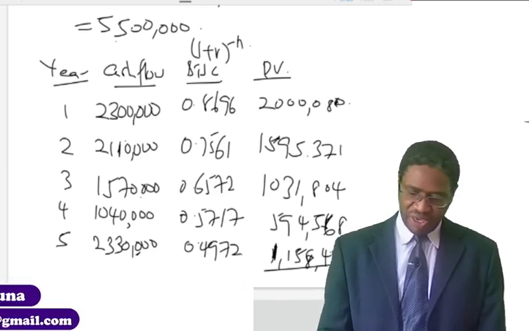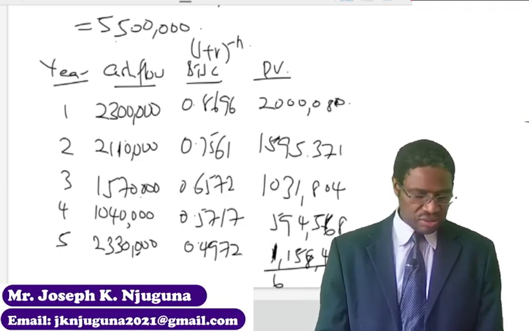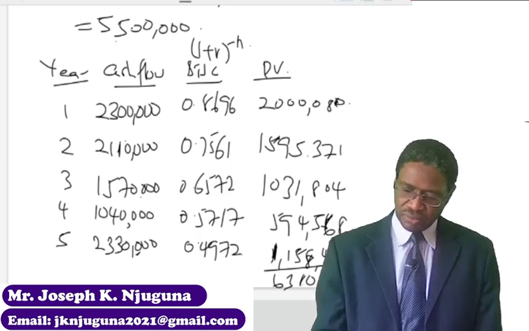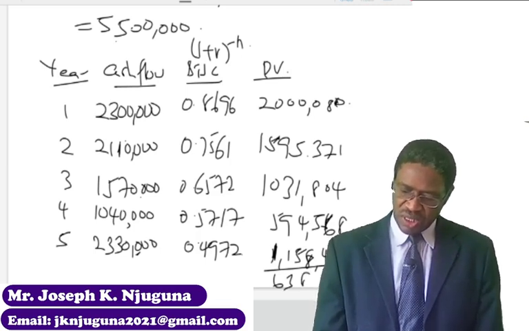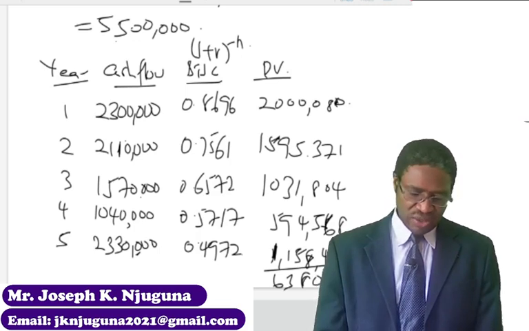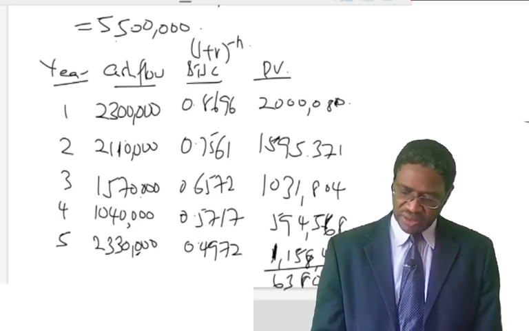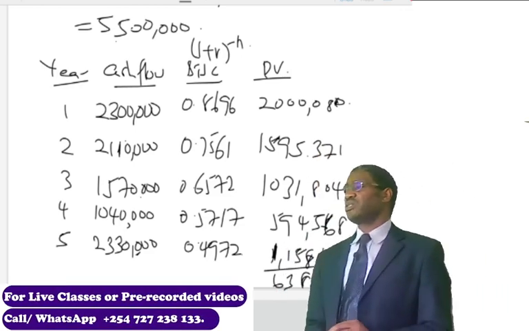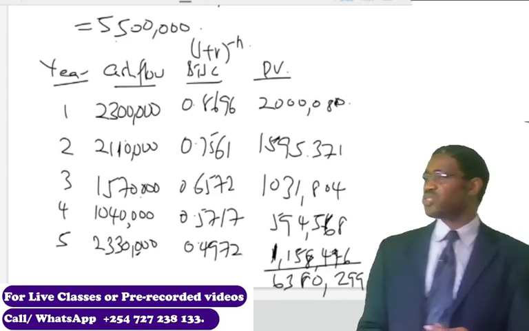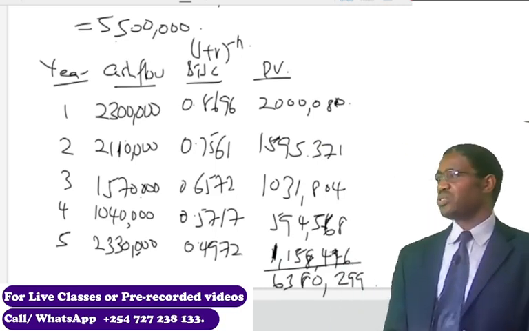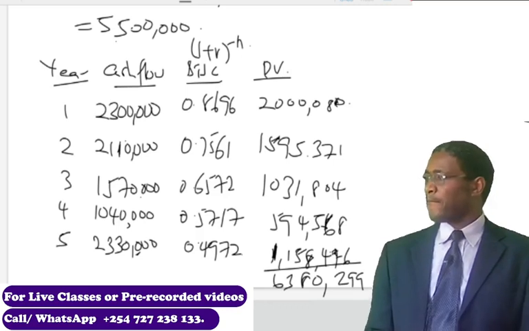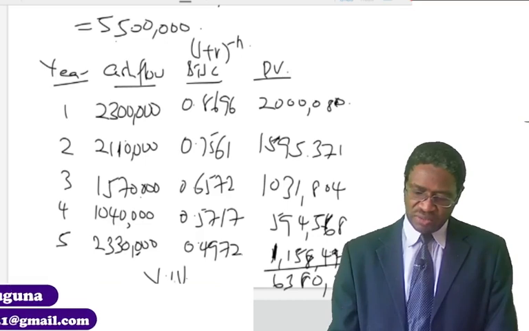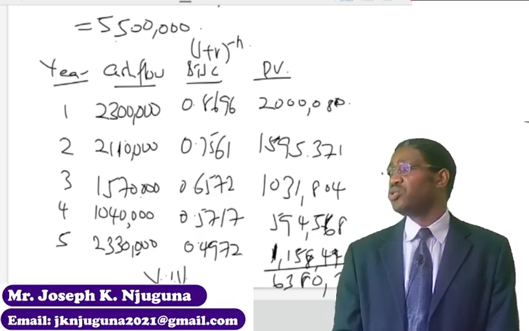You'll confirm my figures. I'm getting 6,380,299. So that's what we are calling value in use.